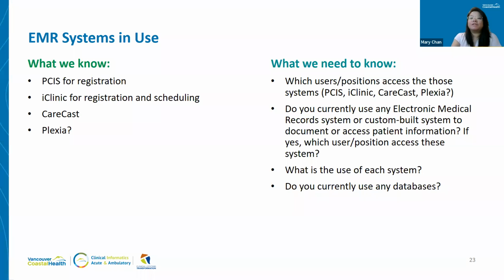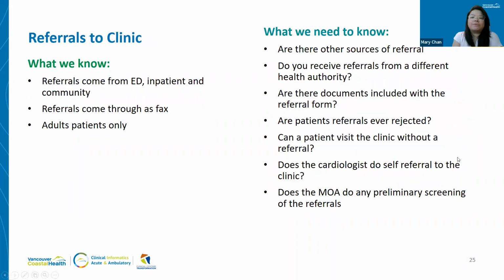Okay, we'll move on to a referrals and triage question here. We know referrals come from the emergency departments, inpatient and community. They come through as fax and the clinic only sees adult patients. Can you tell us if there are any other sources of referral? Sonia, would you be able to confirm the referral locations, please?